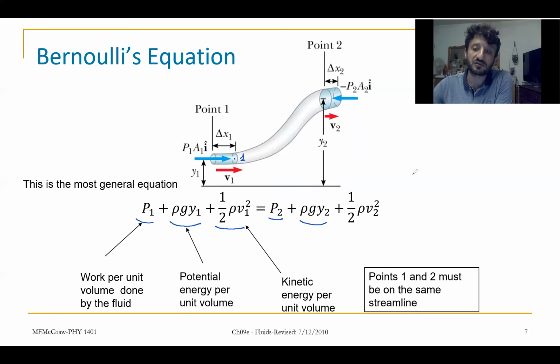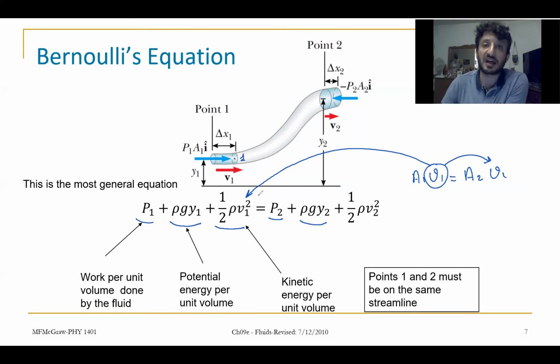You can use A1 V1 equals A2 V2. We can find V1 in function of V2, and substitute its value here to reduce the unknowns and to calculate V2. And you can put V2 in function of V1 to calculate V1.